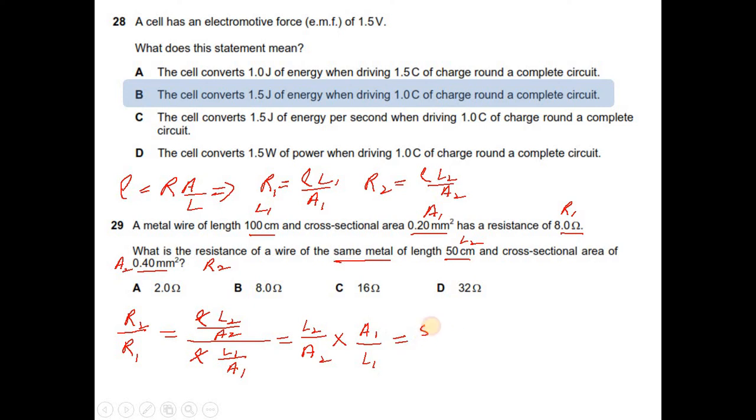L2 is 50 divided by A2, A2 is 0.4, times A1 0.2 divided by 100, meaning 50 times 0.2, you would have 10, and 100 times 0.4, so 40. That means 0.25 or 1 upon 4.